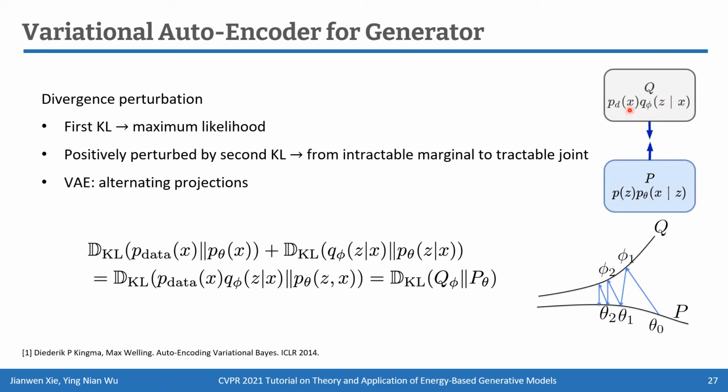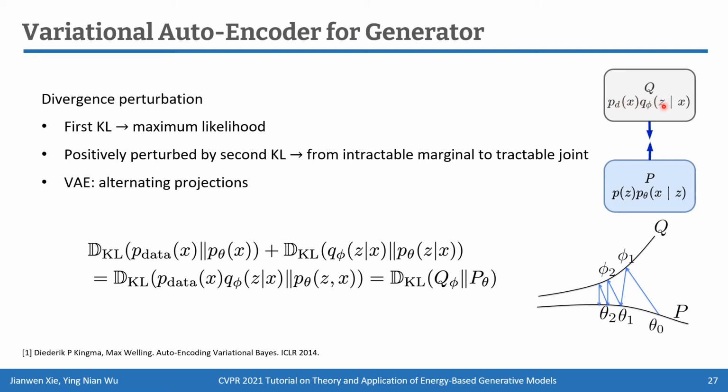In fact, x can be considered as observed data, and z as missing data. So this inference model is like imputing the missing data, so that we have this q, parameterized by phi, of the joint distribution of x and z. Okay, so this is another joint distribution.